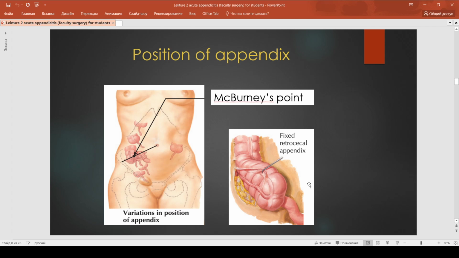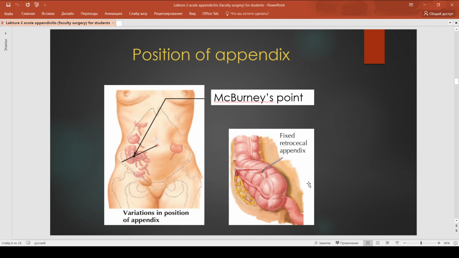This is the most common position of our appendix, but you must understand that it can be retrocecal, behind the cecum. It can be retroperitoneal, behind the peritoneum.